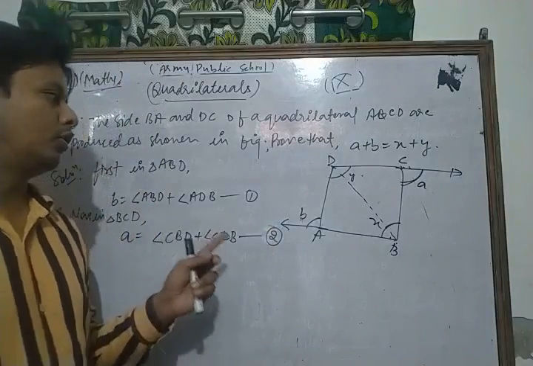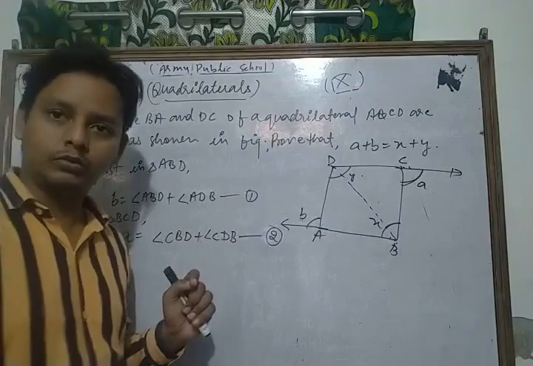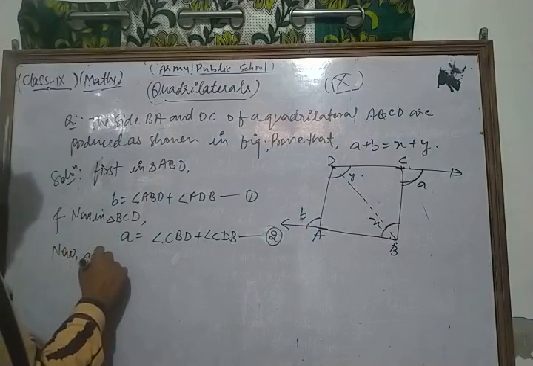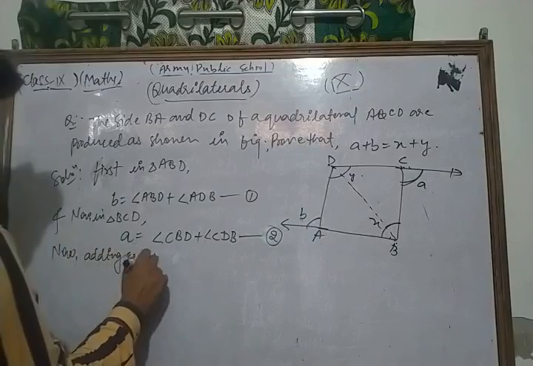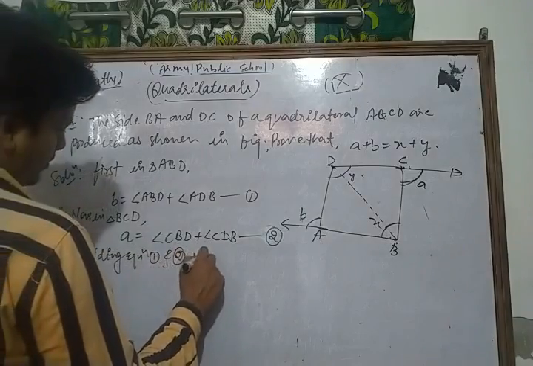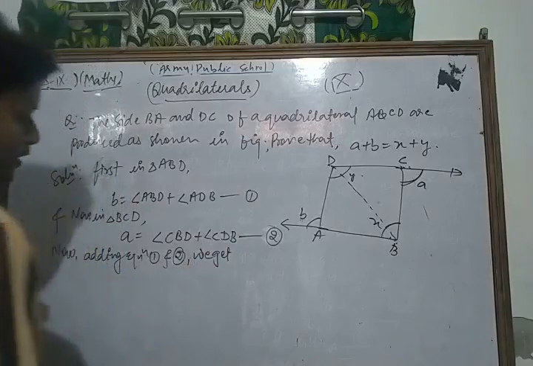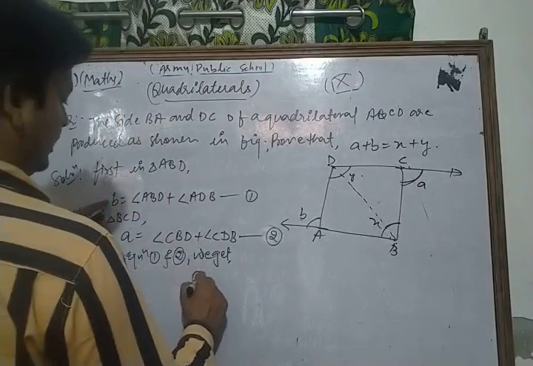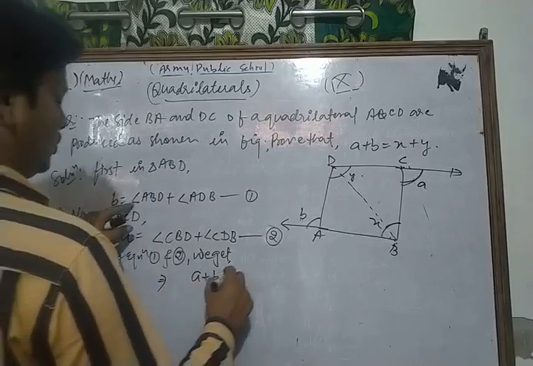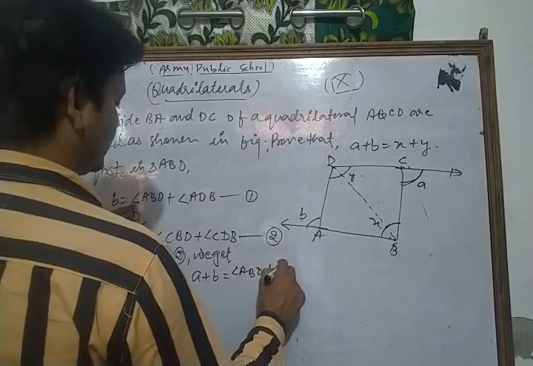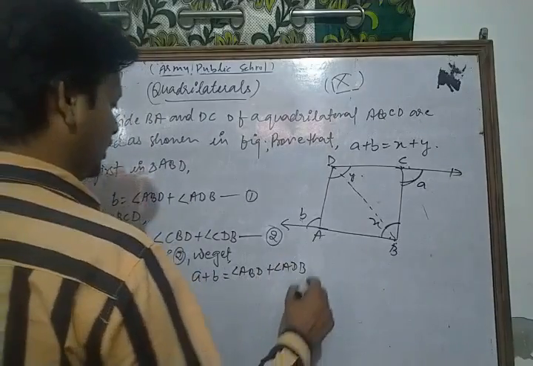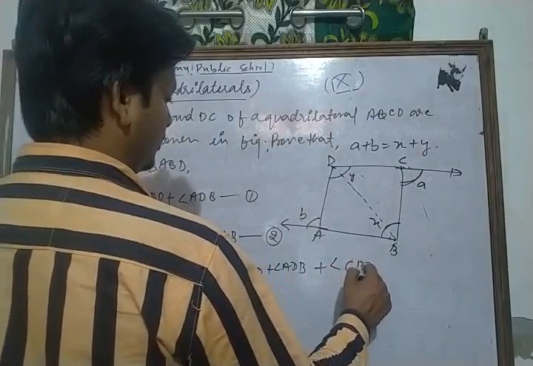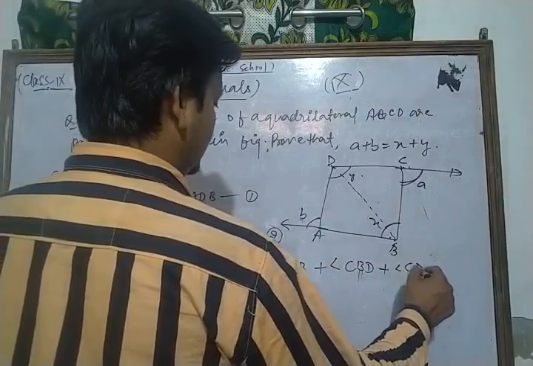Now we add equations 1 and 2. Adding equations 1 and 2, we get angle A plus angle B is equal to angle ABD plus angle ADB plus angle CBD plus angle CDB.